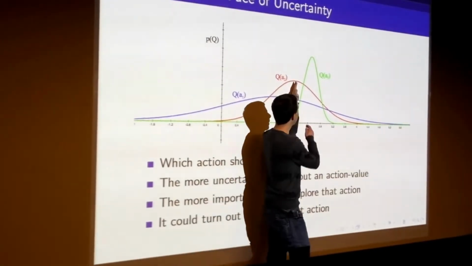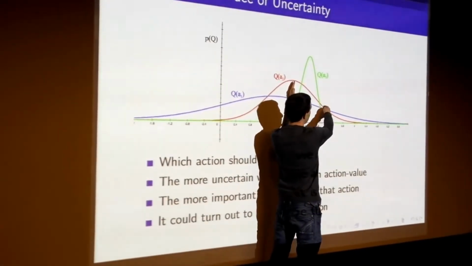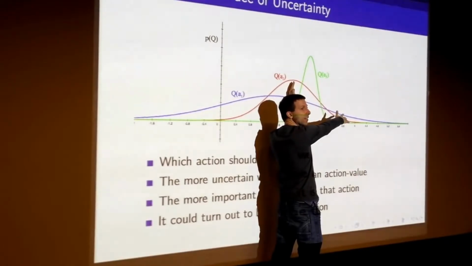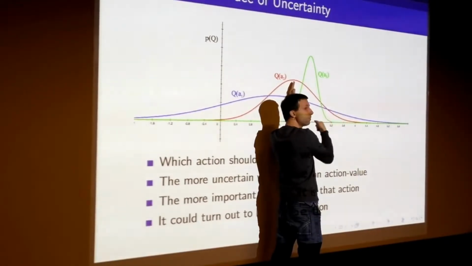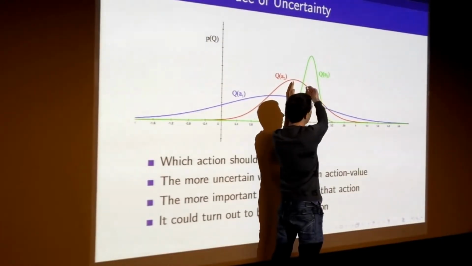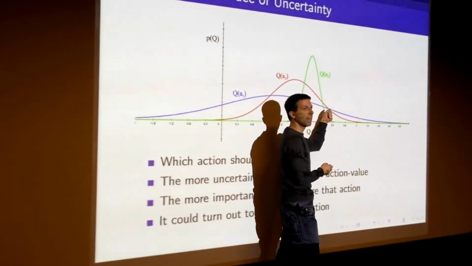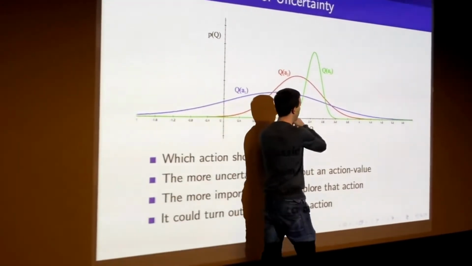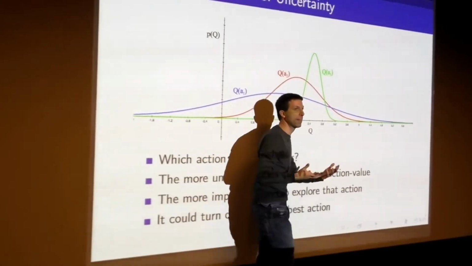We're also going to add on some bonus, which characterizes how big the tail is of that distribution. We're going to pick the thing with the highest sum of Q plus something which tells us about this tail. So we're going to end up picking the thing where we sum those 2 things together, it gives us the maximum value.